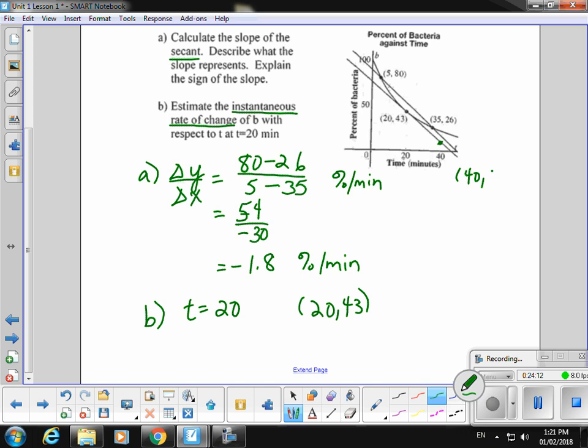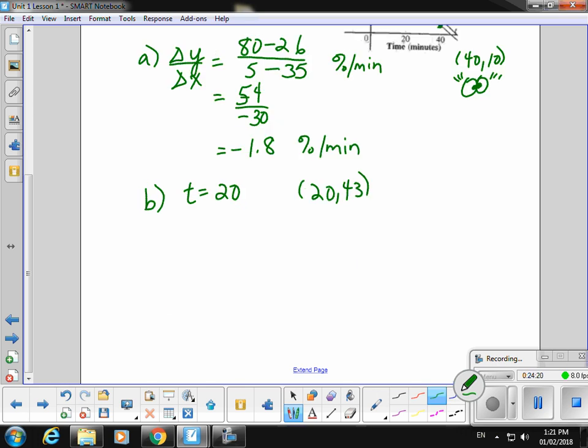That's (40, 10). So we are trusting our eyeballs, which is very dangerous. But we want to determine the equation of the tangent, which we believe passes through (40, 10).